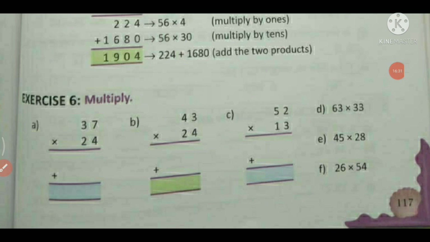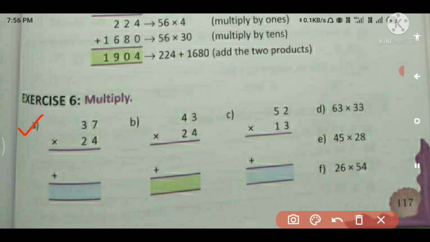Okay, now see students, page number 117, exercise 6. So here we need to do multiplication with regrouping. Okay, so see the first one, 37 multiplied by 24. So 24 we can write it like 20 plus 4. So first of all we'll multiply 37 with 4, then 37 with 20.